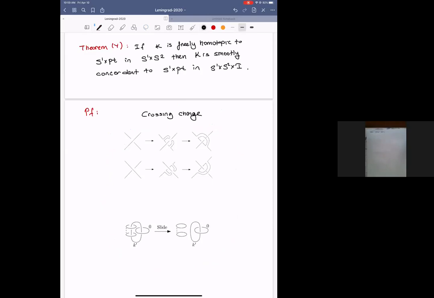This is how the construction goes. At the top level, you are moving to the bottom, in S1 cross S2 cross I, and you are looking at the moving pictures. At some level, you are attaching some bands, and you are changing your knot, and you are changing your surface. You are attaching some knot bands.